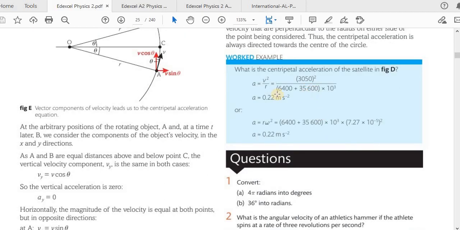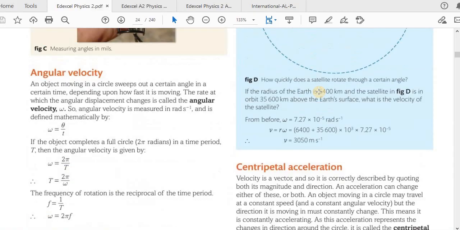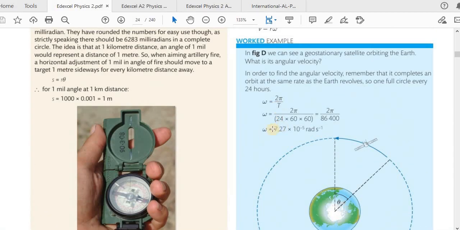35,600 plus 6,400. Now remember, this is in kilometers, so to convert to meters you multiply by 1000, or 10 to the power 3, then you get this. Similarly, we can use a equals r omega squared, then r again is that same radius, and omega is that value there.